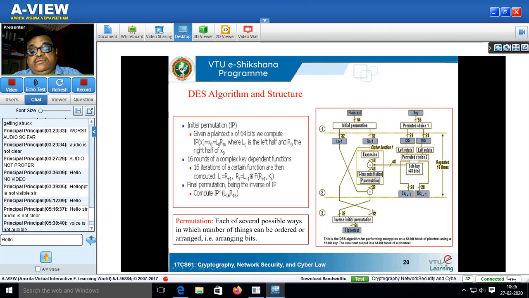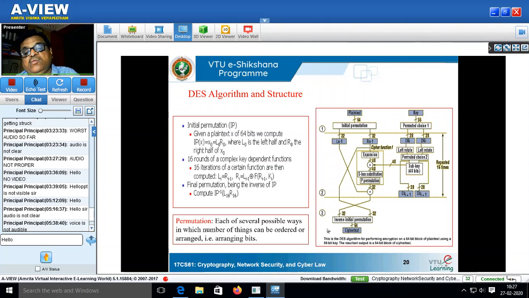Now in the next round, that is the third round, the right side of this 64-bit output becomes the left part of the input, and the left side becomes the right side. Means when we move from round to round, we keep the left fixed and make changes to the right 32 bits.